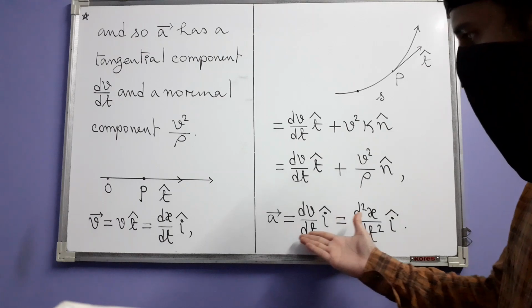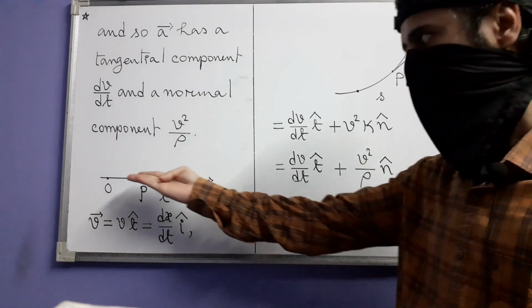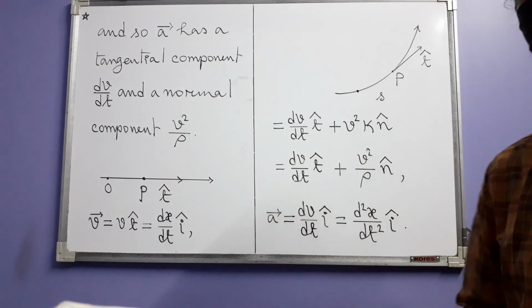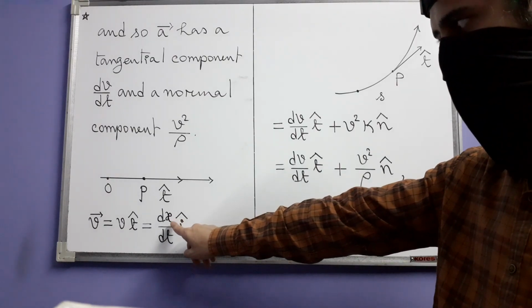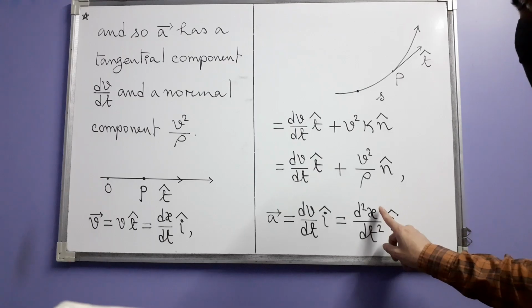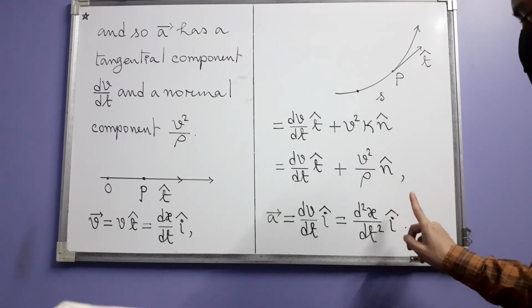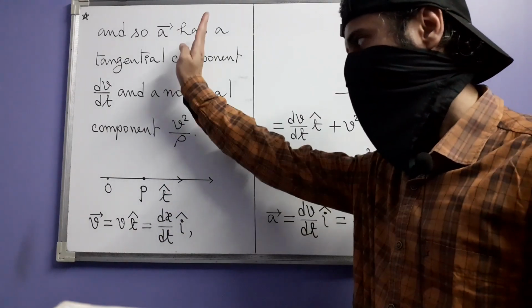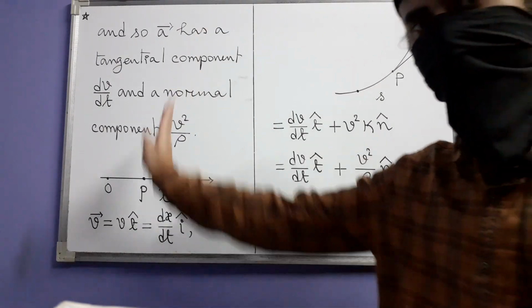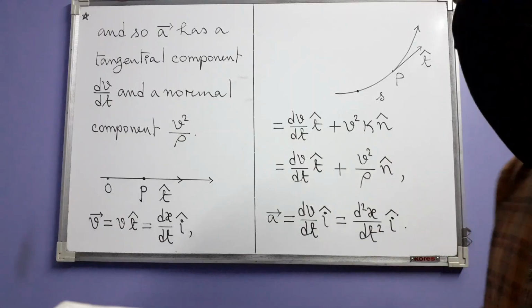The acceleration vector in this case has only a tangential component, which of course is dv dt, and seeing what this v itself is, this is nothing but d squared x dt squared times I hat. Why do we not have a normal component either in this direction or in this direction?